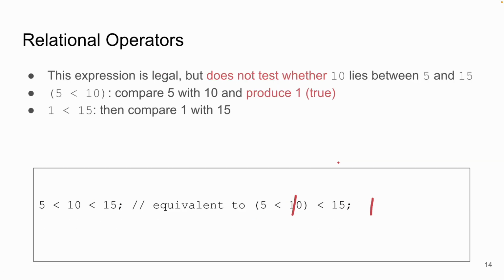But you can see that it is not what we want this expression to do, right? What we originally want this expression to do is test whether the value I put in the middle here is within the range between 5 and 15. But if we write down this expression directly like this, what we do is not what we wanted.